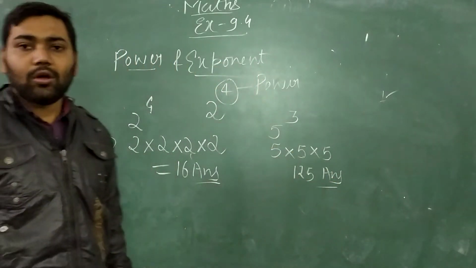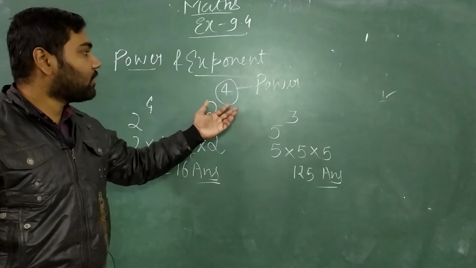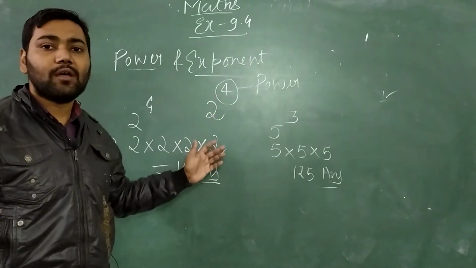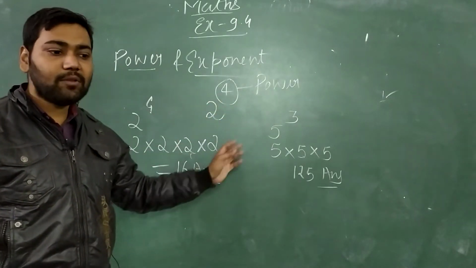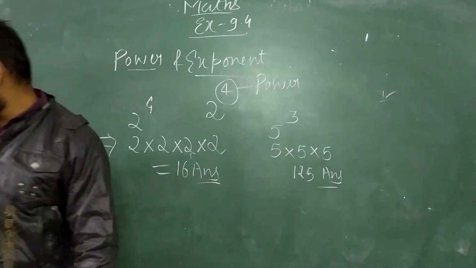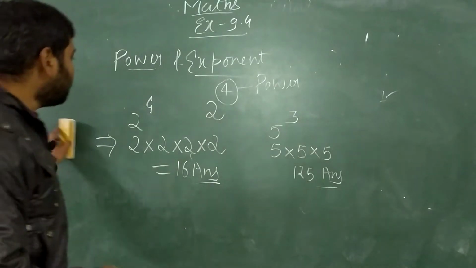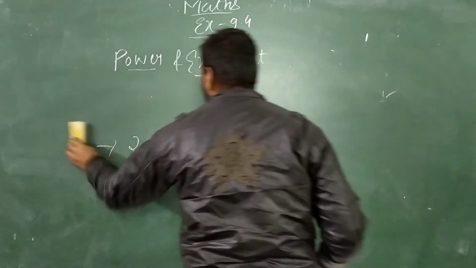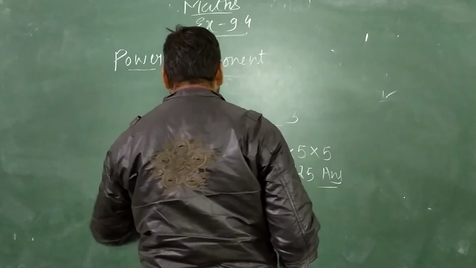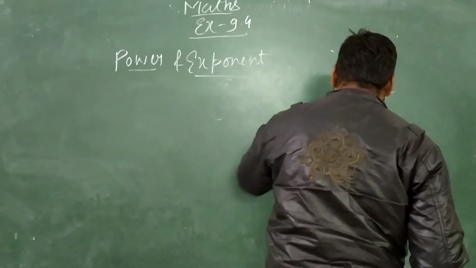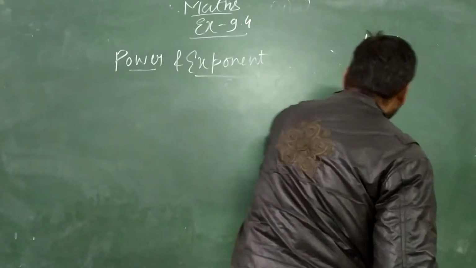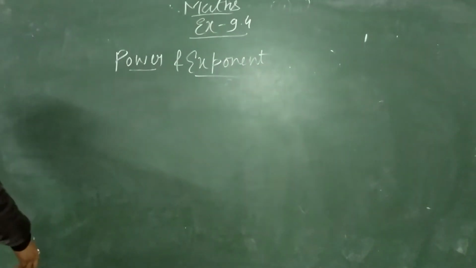Power is attached not only to numerals but also to literals, that means variables also. If any variable or literal is attached with a power, then we have to multiply that variable up to the given power times.